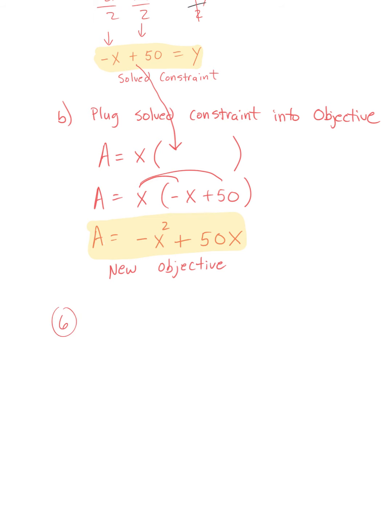We need to take the derivative of the new objective, because we need to find a max or a min, so that's our first derivative test. So I'm going to call it A prime, and this is just power rules. The derivative of negative x squared, of course, is just negative 2x. And the derivative of 50x is plus 50. All right? And then, of course, now we need the first derivative test.